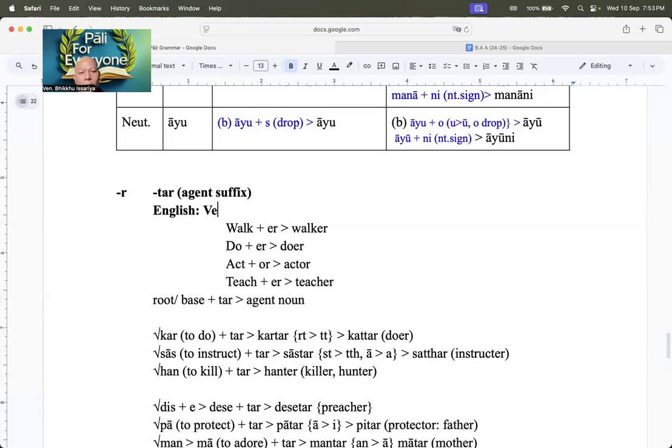To the verb infinitive, by adding ER or OR, we have the agent noun. Okay. But in Pali, to the root or base, by adding the dar, we have the agent noun in this way.